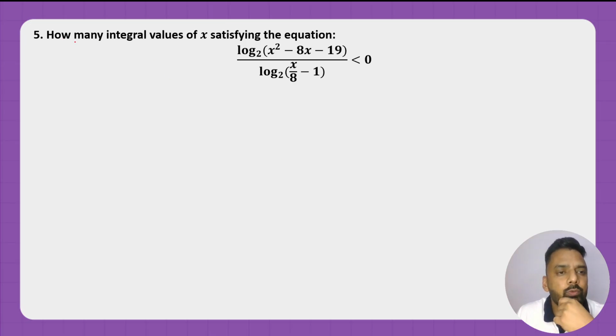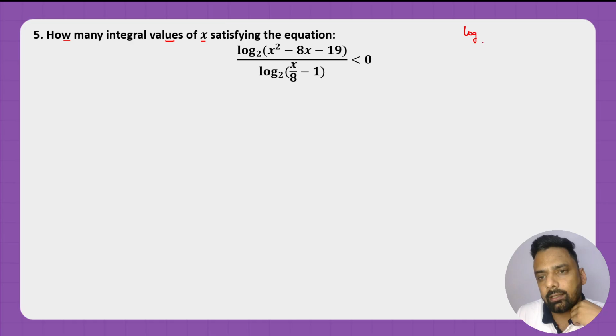Guys, the next question is: how many integral values of x satisfy this equation? Okay, let's understand. We have log base 2 of x square minus 8x minus 19, divided by log base 2 of x by 8 minus 1. Now this is in fraction form and the denominator has the same base.